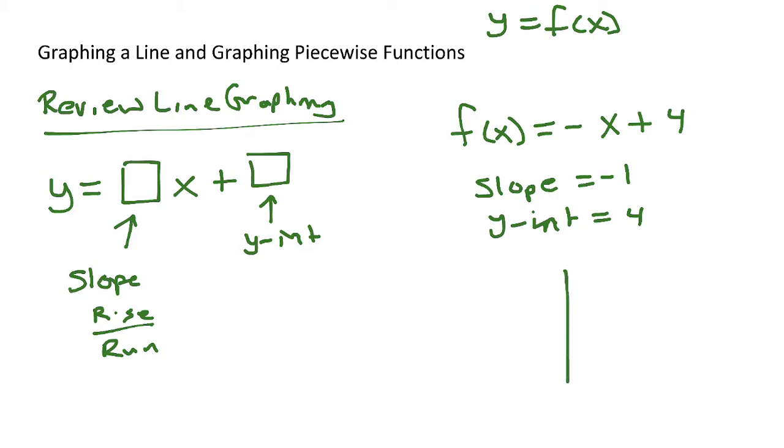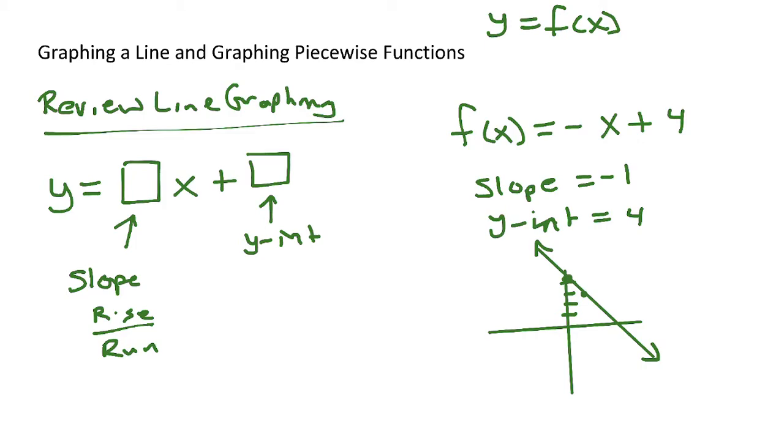And so if we were to graph this, we would go up 1, 2, 3, 4, and we'd have that dot, and then we go down 1 over 1, and this line that we would be using would be something like that. So that's graphing one line.